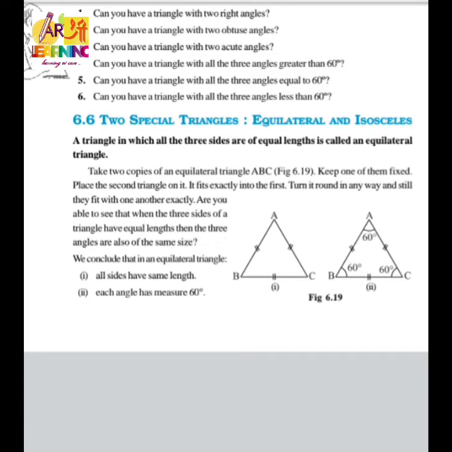Yes, we have to start with two special triangles, as we already had started, the equilateral triangle and the isosceles triangle are the next two sets which we will study. What is an equilateral triangle?